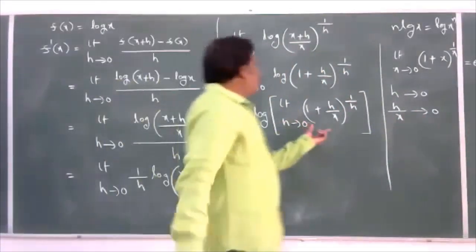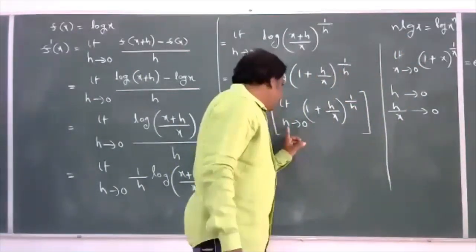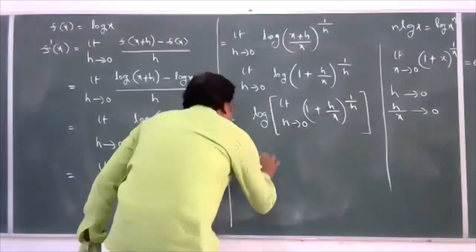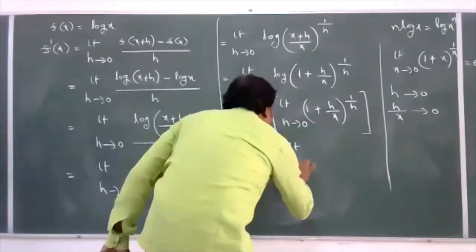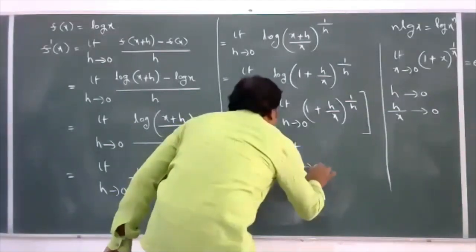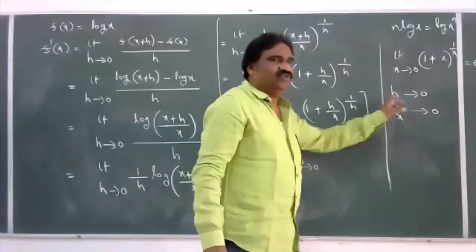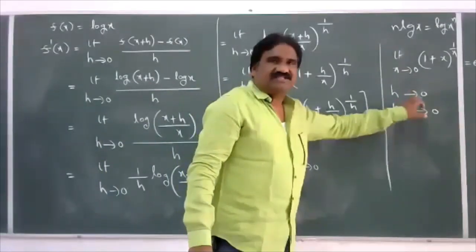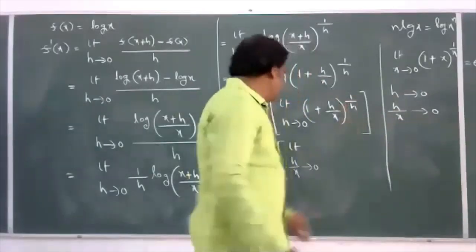we make this problem into this formula: logarithm of the limit h by x tends to 0. No change. Dividing by x, you get the same 0. h tends to 0; dividing both sides by x, you get h by x tends to 0.